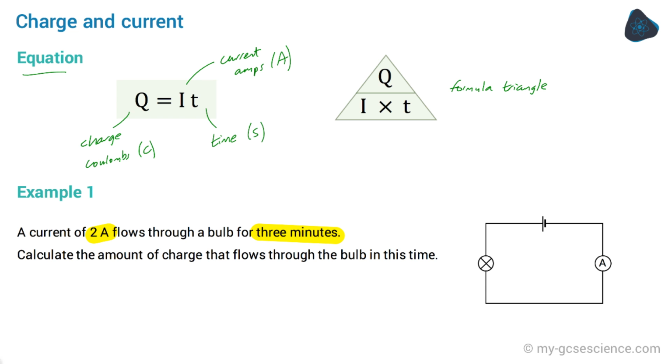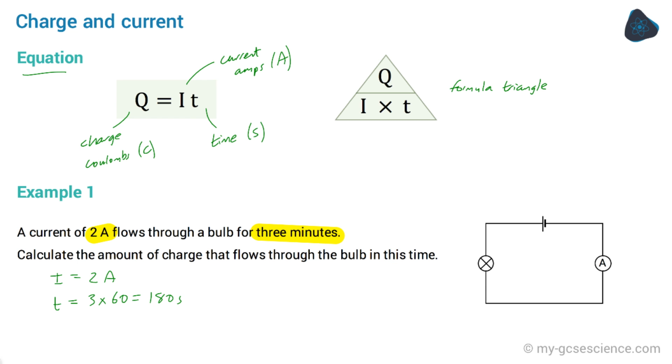Just writing down the values which we have so far. I for current has a value of 2 amps. Now, for the time, it's slightly more complicated because, as you can see from the above equation, the time has to be in seconds, but it's not a big deal to convert 3 minutes into seconds. So we'll just multiply 3 times 60 to give 180 seconds.